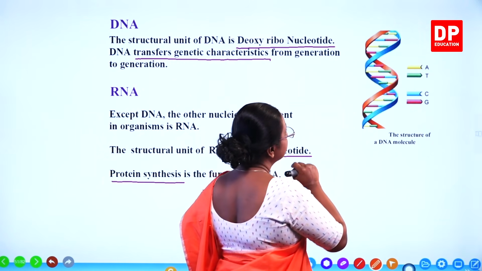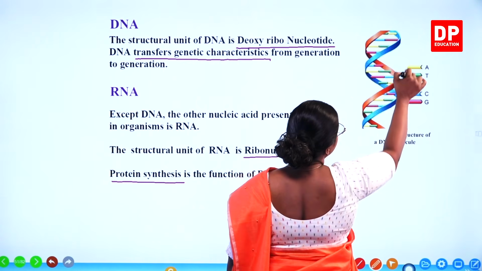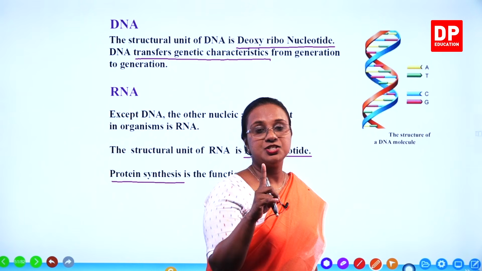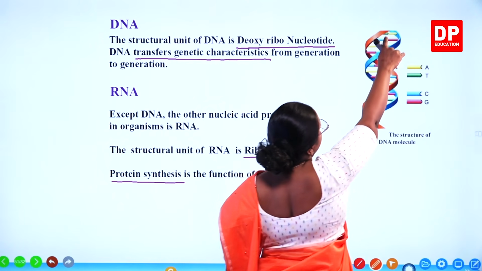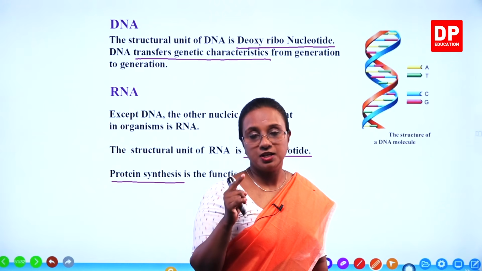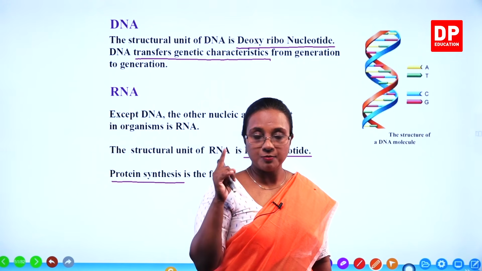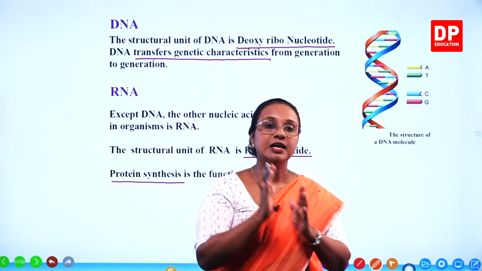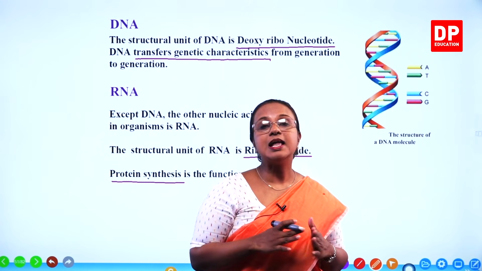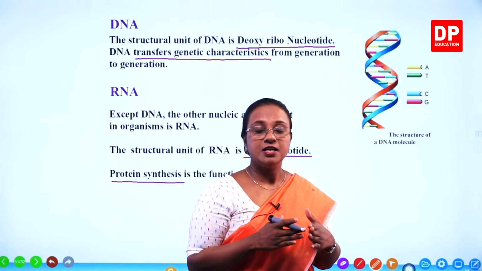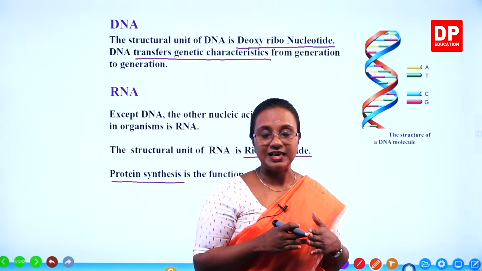Here you can see this red color strip is one strand of nucleotide chain, and the blue color ribbon-like structure is another strand of nucleotide chain. They are both polynucleotides and they combine together and form a ribbon-like structure, which is the nucleic acid, deoxyribose nucleic acid.